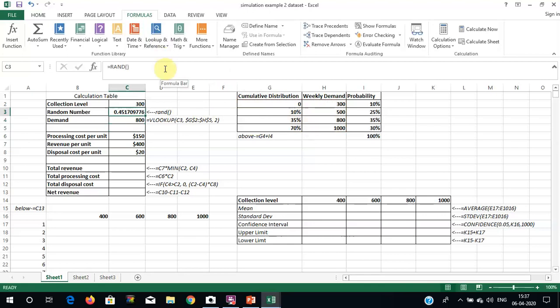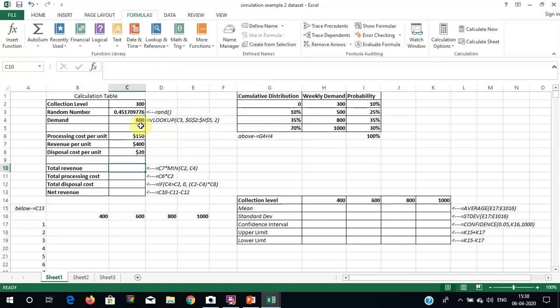You can see this 45% is the number that lies between 35% and 70%, so it picks up the appropriate number, which is 800. So this is a randomly generated number, and this value is picked based on the random number. The processing cost per unit is 150, we know that. Revenue per unit is 400. Disposal cost is 20. This is the data that is given.